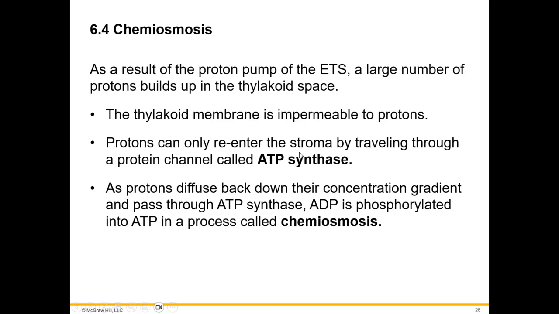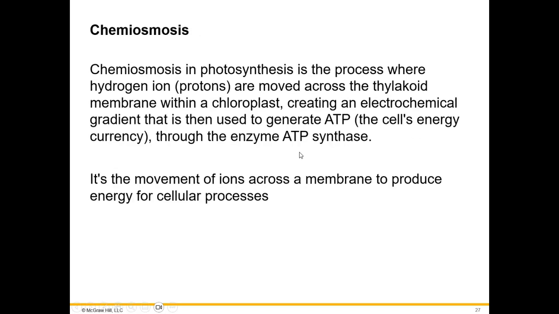As the protons diffuse back down their concentration gradient and pass through the ATP synthase channel, which is facilitated diffusion, ADP is phosphorylated into ATP, and that is chemiosmosis. I tried to think of a simpler way to summarize that, and this is the simplest sentence I could come up with.